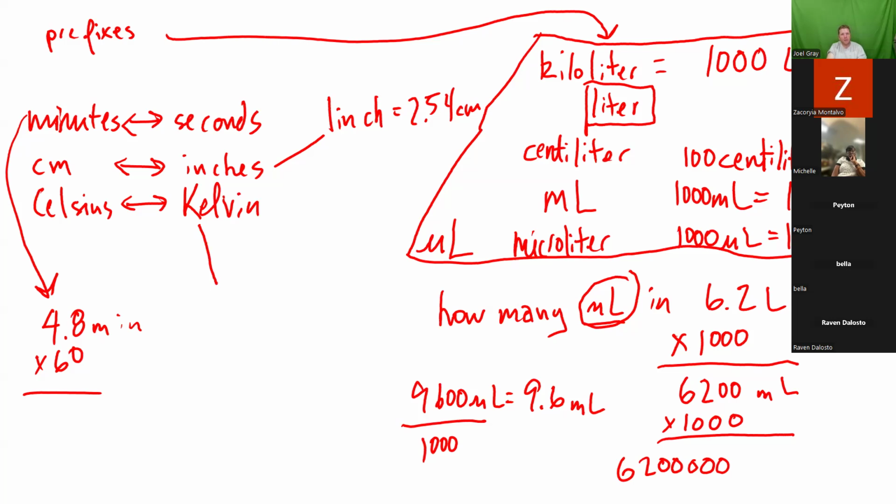All that you need to do is take whatever degrees Celsius and add to that 273.15. So if it's 30 degrees Celsius, then it's 303.15 Kelvin. All right, so those are big conversions.